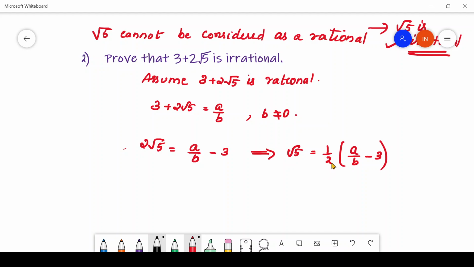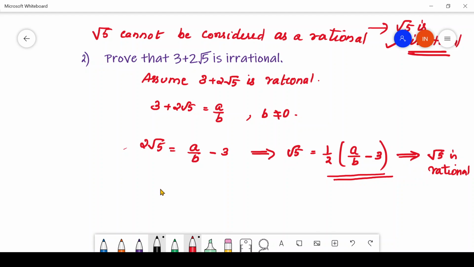Okay, since here a and b are integers, 1 by 2 of a by b minus 3 will also be a rational number. Therefore, root 5 is rational, right? We can say that root 5 is rational. How can we say so? This contradicts the fact that root 5 is irrational.